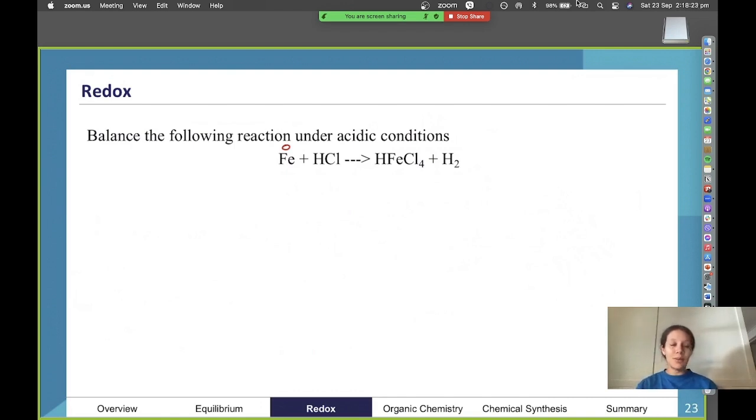Again, another tip for practicing for externals is having the actual data book printed out and at your desk or wherever you are when you're doing practice questions, so then you can get used to using the data booklet that you'll have on the day. But for our HCl, we can assign our hydrogen a +1, and then our chlorine is going to be a -1.